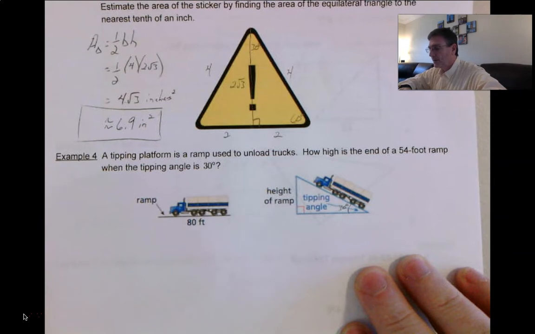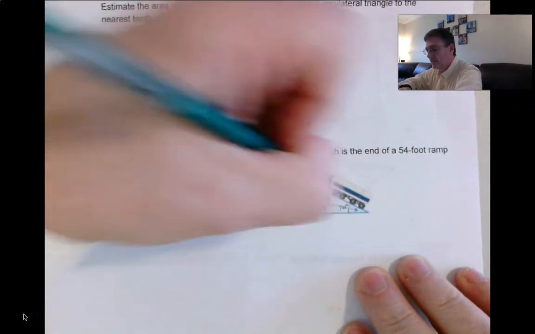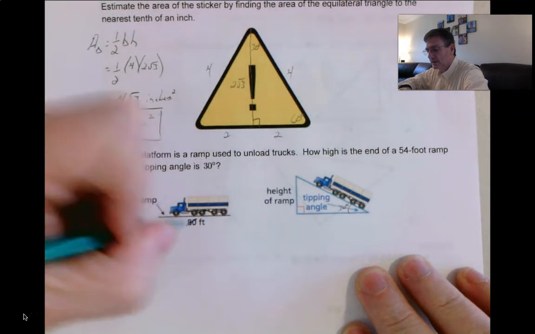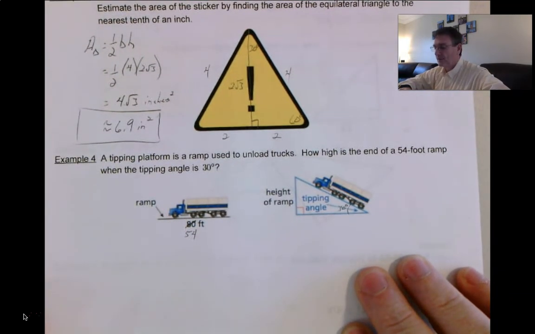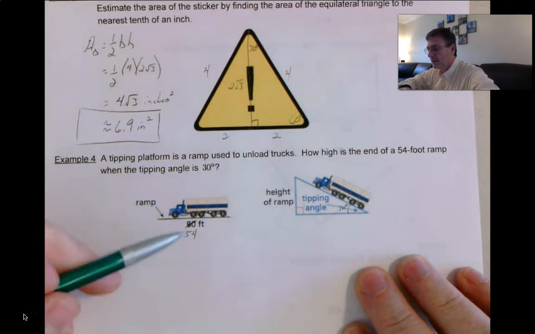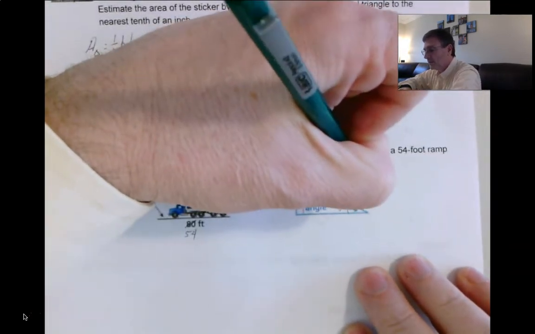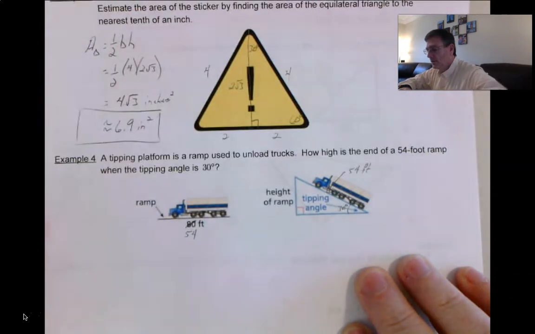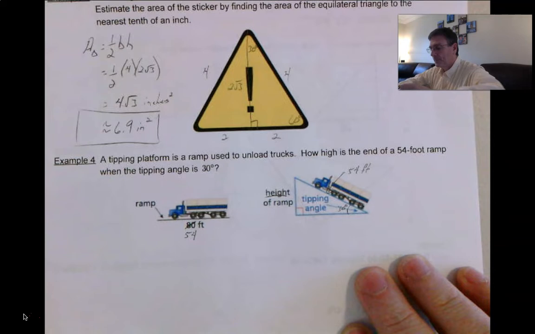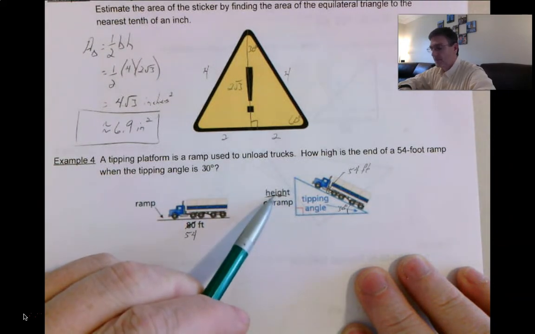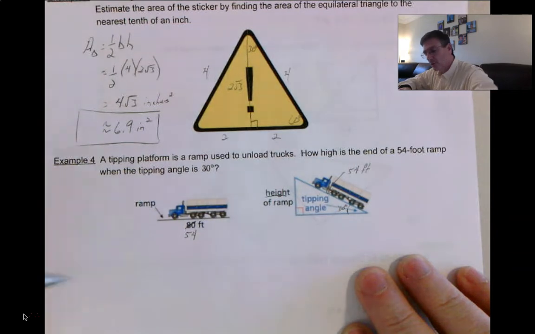The ramp is 54 feet, so we're going to change this to 54 feet, not 80 feet like it is in the diagram. We want to know the height of the ramp, which is the short leg, opposite the 30 degrees, so it's half of the 54.